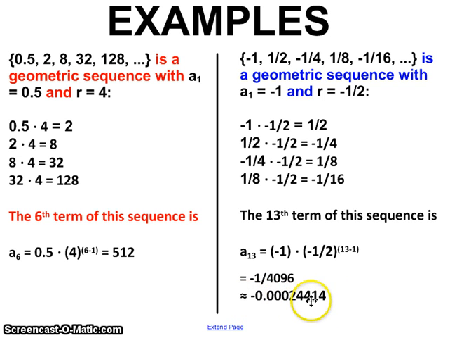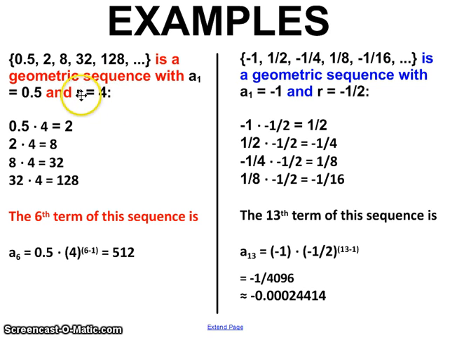Now another thing I want to show you, which is a bit of a preview for stuff coming up in a couple of lessons, is what happens when we have different values for r. Specifically, in this sequence here, the numbers continue to get bigger and bigger and bigger. The reason for that is because we're multiplying by a number greater than 1. Even if we had a number less than negative 1, like negative 2 or negative 3, we would have the same situation.